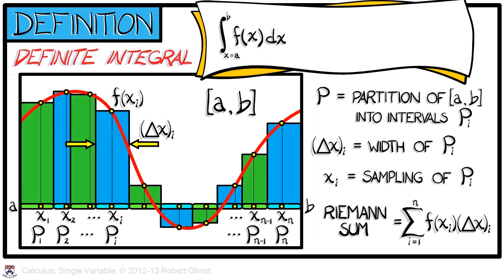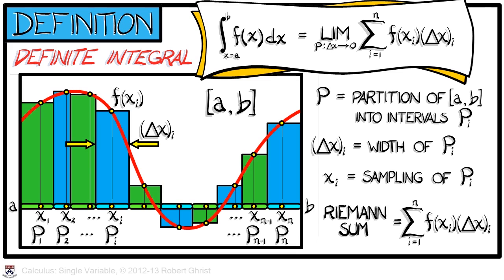This Riemann sum is often visualized in terms of columns or rectangles sitting over top of the partition. Then, with this in mind, the definite integral is defined to be a limit of Riemann sums, where it's an unusual sort of limit.